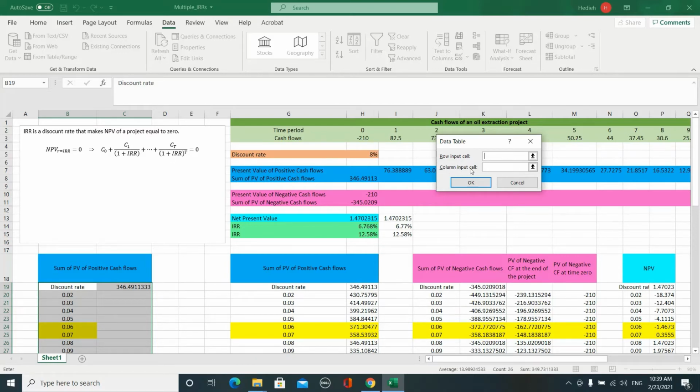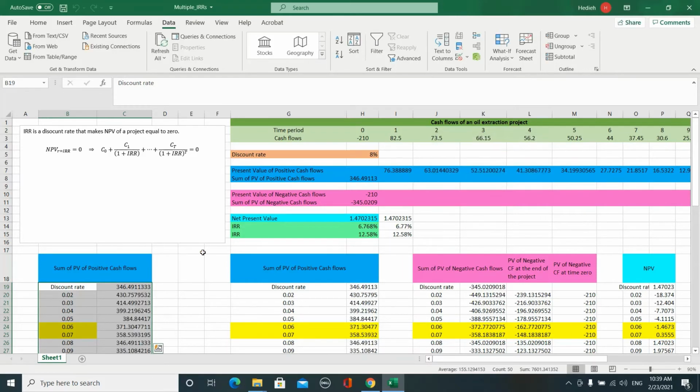So in this section, column input cell, I choose the cell that is related to my interest rate. So in other words, I'm telling Excel to put different discount rates in this cell of my initial discount rate and calculate the total present value of positive cash flows.